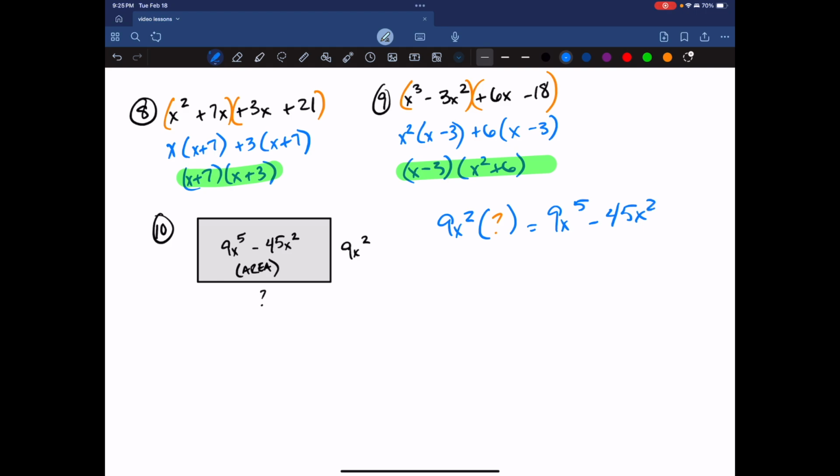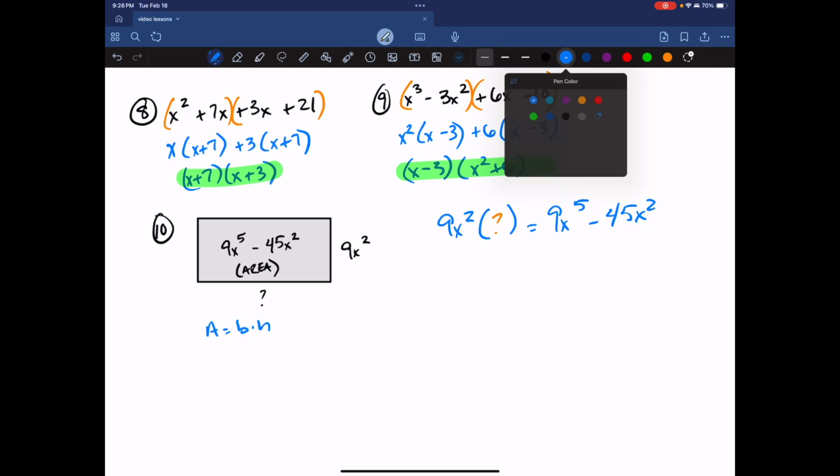So you're trying to figure out what you multiplied by to get 9x to the 5th minus 45x squared. Okay, and I know this because area of a rectangle is base times height. And so I can multiply these 2 out and get my area. But this time they gave me the area and one of my dimensions. So you have to figure out what else you need.